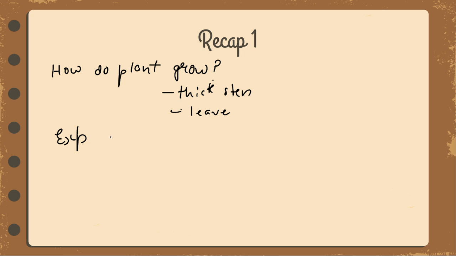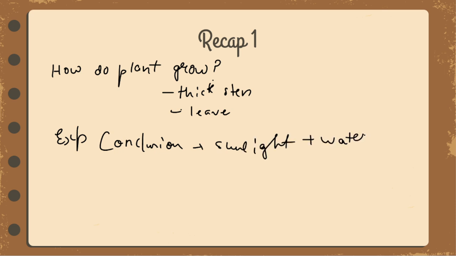I'm not going to explain the whole experiment again, but the conclusion is that both sunlight and water are necessary for photosynthesis, for synthesis of food, for plant growth, whatever you say.